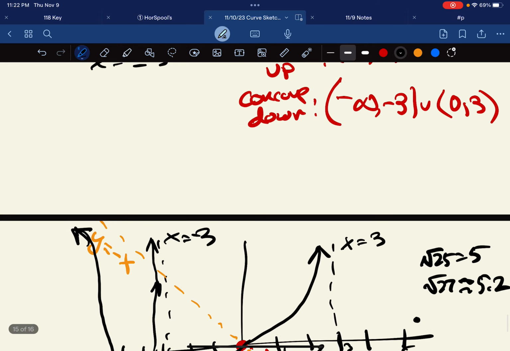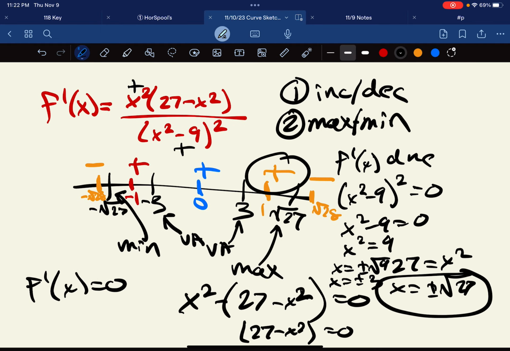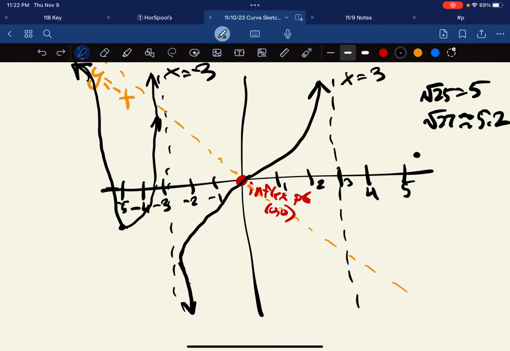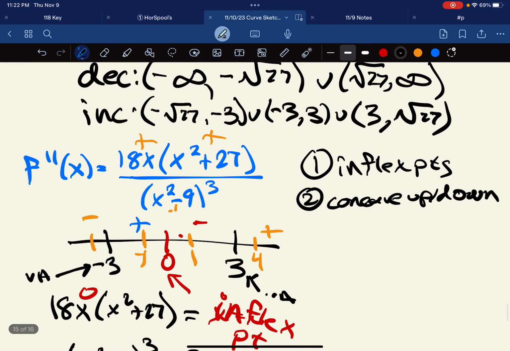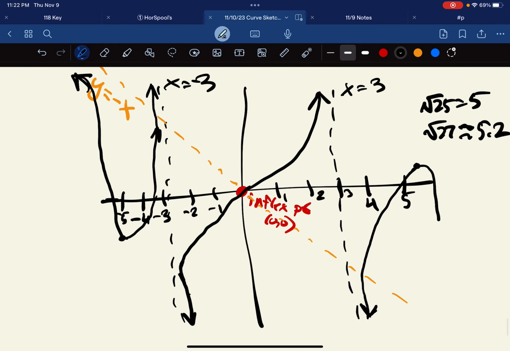And then now from 3 to square root 27, we're going to be increasing. And then from square root 27 to infinity, we are decreasing. And we're going to follow that asymptote.